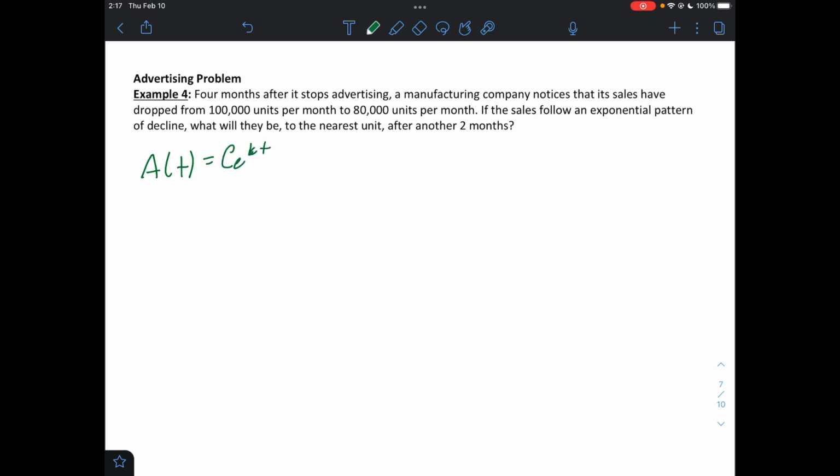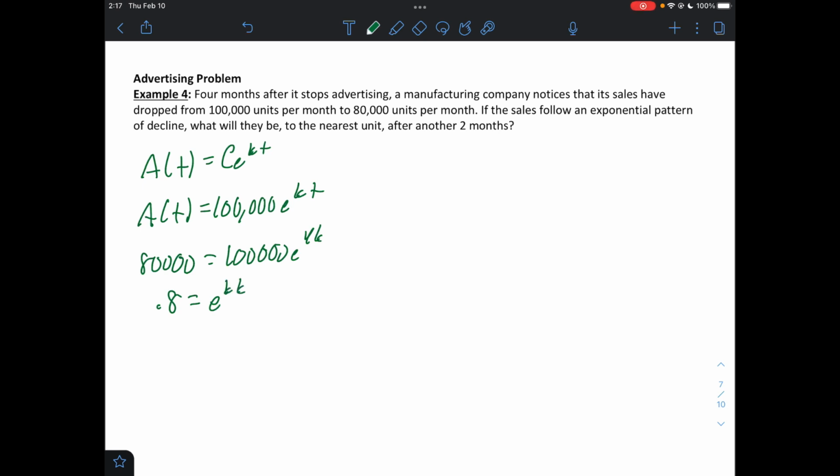All right, using the point 0, 100,000, we would get that C is 100,000. Using the point 4, 80,000, we would get 0.8 equals e to the 4k, and then ln 0.8 equals 4k, and then ln 0.8 over 4 equals k.